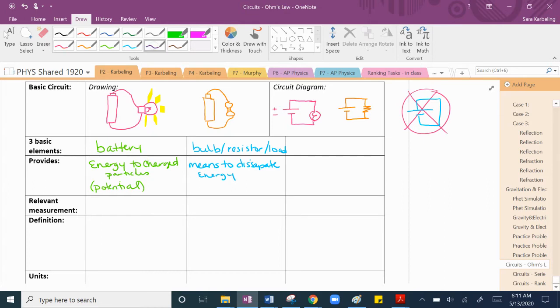circuit. And then the third element of a basic circuit is a wire or a few wires. And the wire, like in these circuit diagrams that we have there, provides a path for the charges to follow.